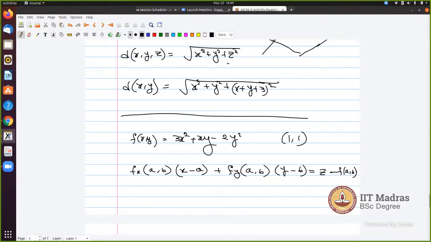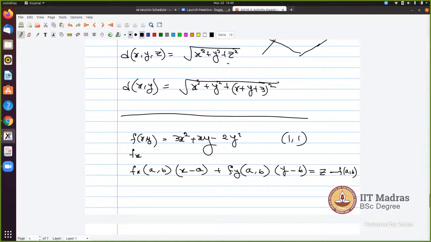Yes, sir, same thing. Sir, I'm not getting any 5 at all. I'm getting only 7 as my x coefficient. So first confirm this is what we get by simplification, right?